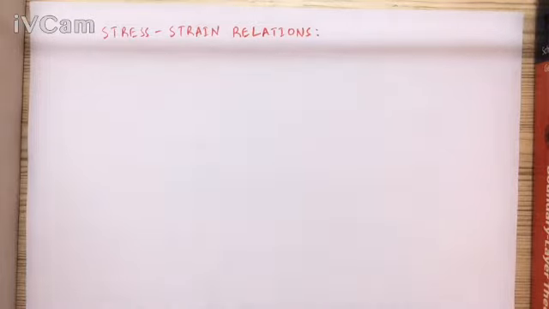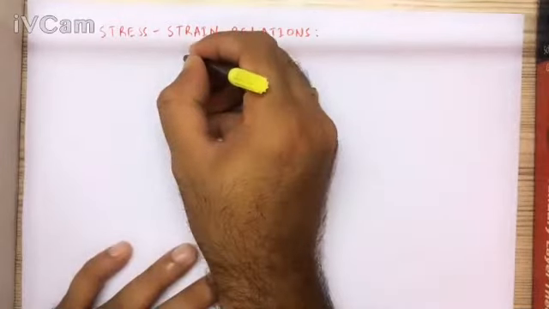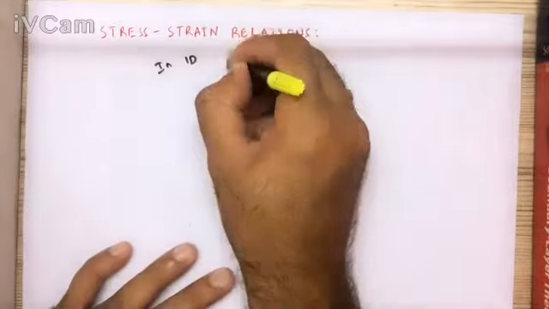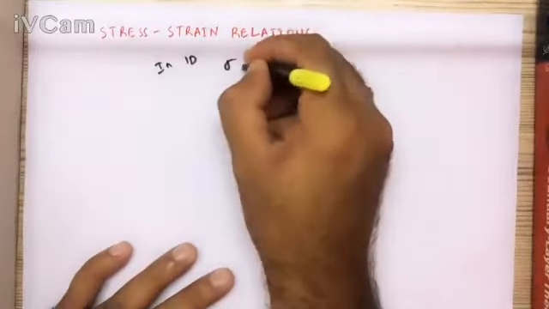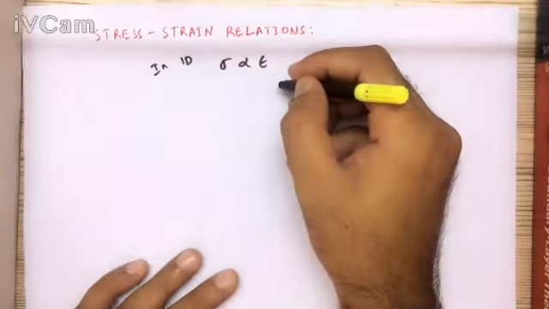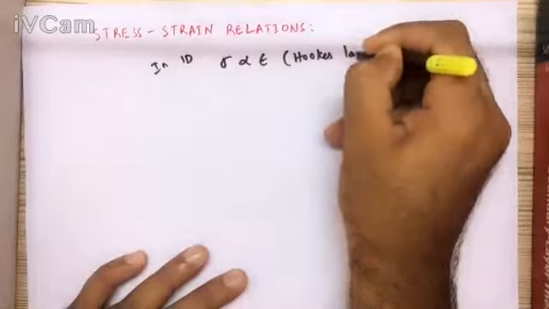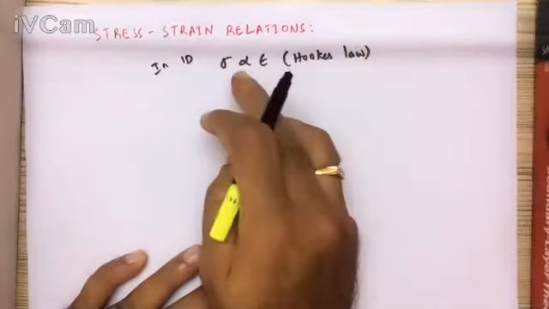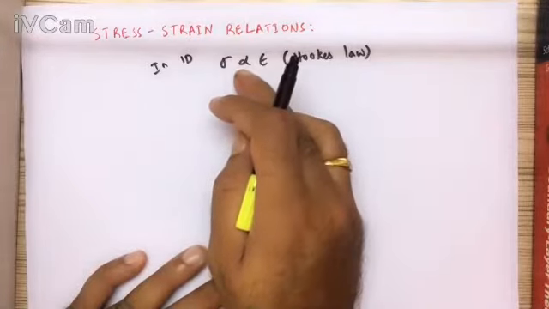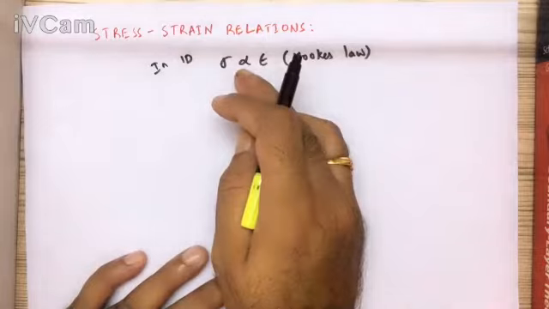So we all know that in 3 dimension we have seen in 1D stress and strain are directly proportional. How do I know this? According to Hooke's law. If I want to take out this proportionality, I have to equate it with some proportionality constant and epsilon.